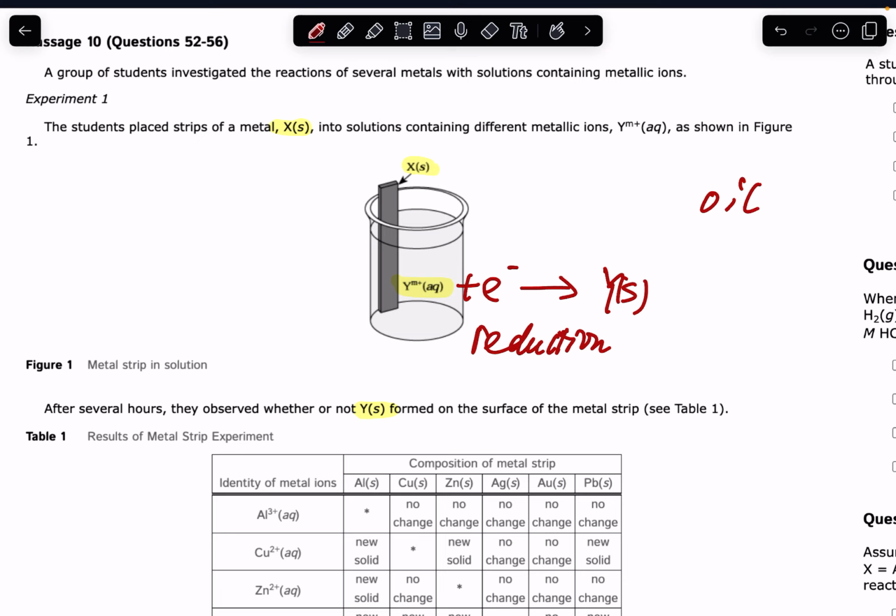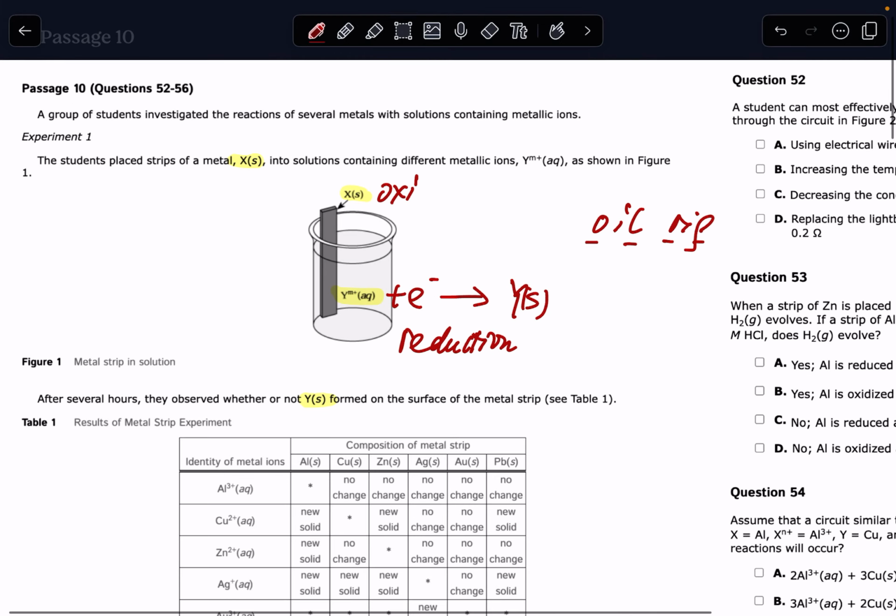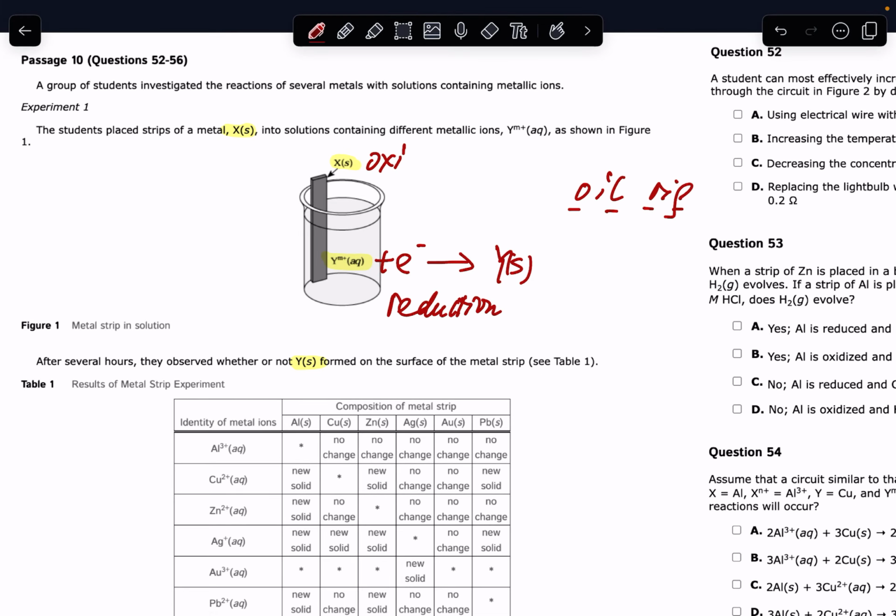Because OIL RIG. Oxidation is losing electrons and reduction is gaining electrons, okay? That's how you can go from the metallic ion to this neutral solid metal, okay? And then if Y is getting reduced, gaining electrons forming Y(s), Y solid, then X must be the one that's getting oxidized, right? Okay, so that's all I get so far until here.